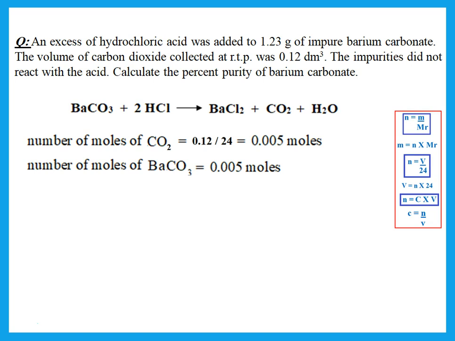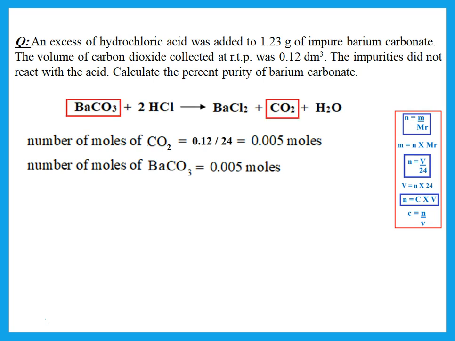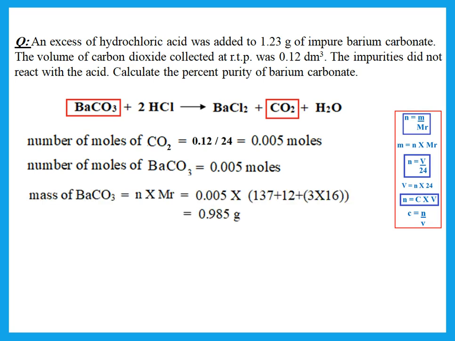And then I look at the equation, and I find that the equation says 1 mole of CO2 is equal to 1 mole of barium carbonate. The number of moles are the same. So the number of moles of barium carbonate is the same as that of carbon dioxide. So that comes out to be the same number. Then we use the number of moles of barium carbonate to get mass. How do I get mass?